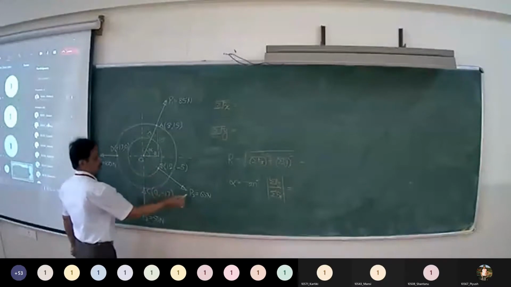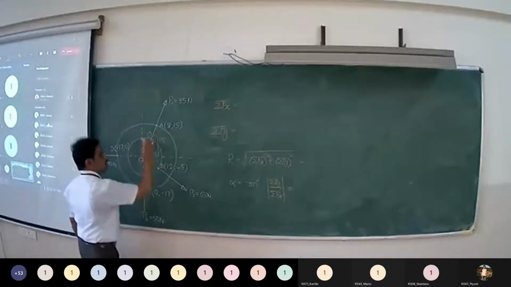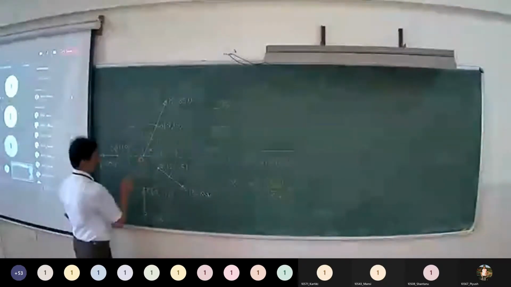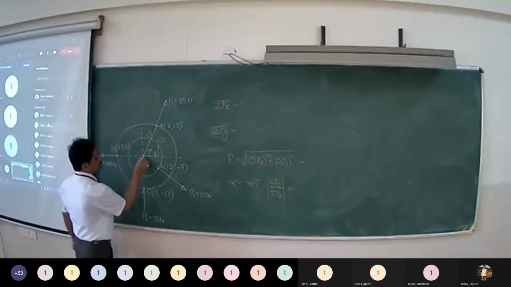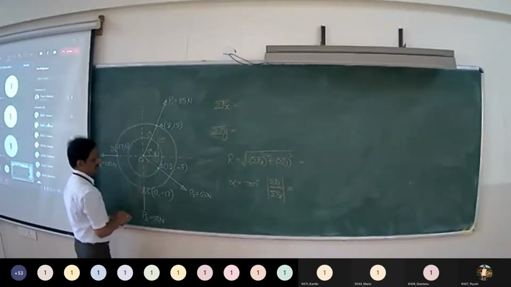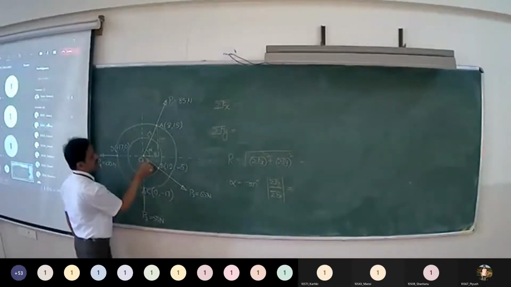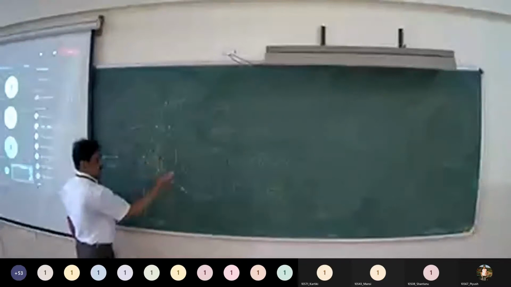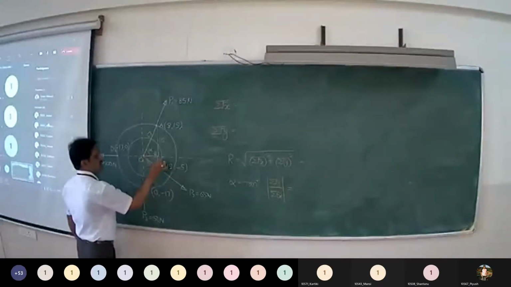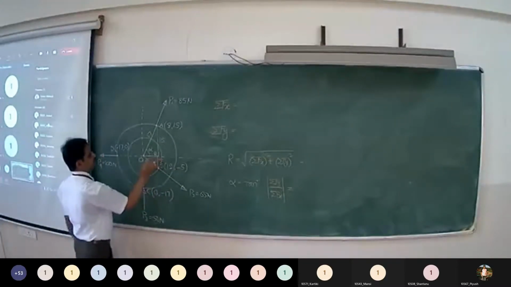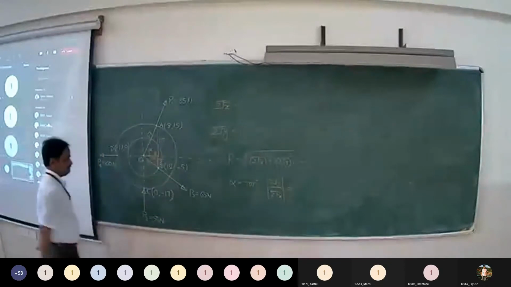Similarly, P2 is acting at point B on the inner ring. The diameter of the inner ring is given as 26, so the radius is 13. Whereas the y coordinate is given as -5, so this is 5, and x is 12.